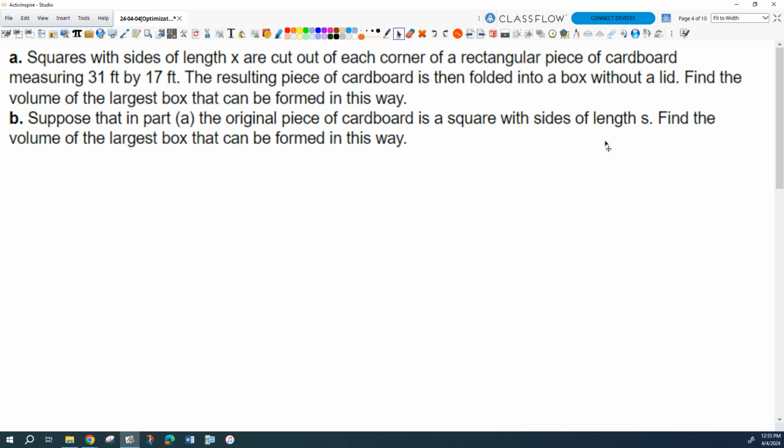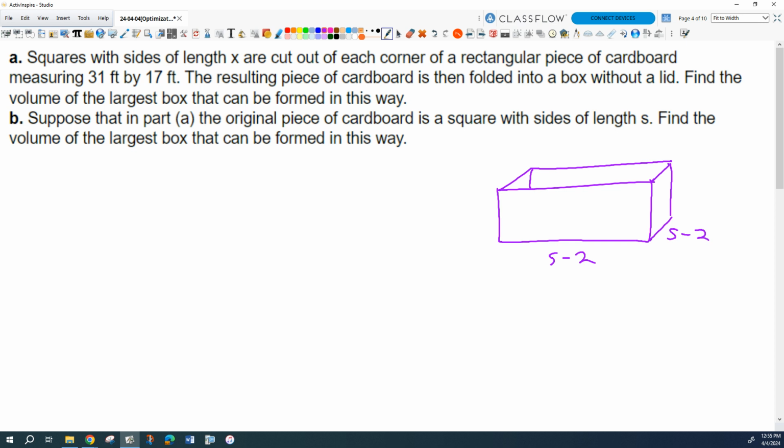Okay. So if we set that up, everybody agree that the box is just going to look like this? So this is going to be S minus 2x, S minus 2x, right?